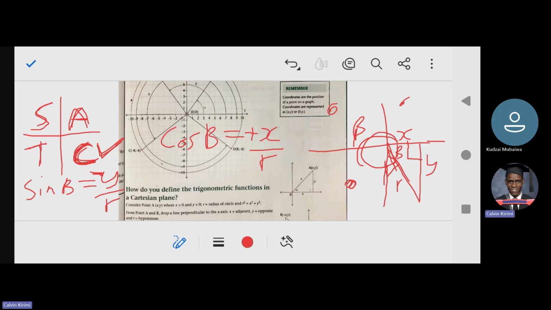Okay, so let's do the last one. Tan beta is what? Y over X. Yes. Let's deal with the sign.